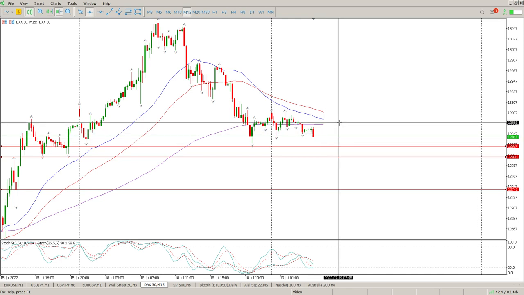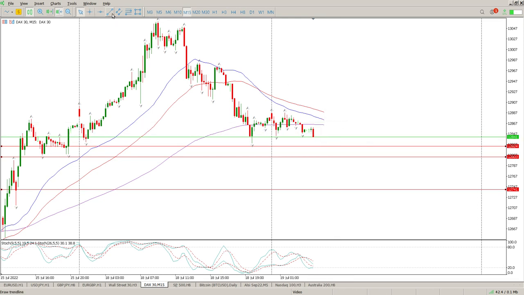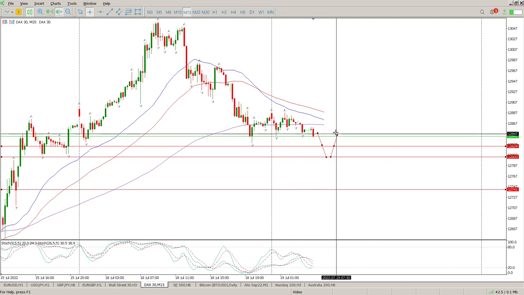So in other words, let me do this. So we'll move down like that. Then you're going to move up to find some kind of support, and then one of these tails will act as support, possibly even the open. And then what you're looking for is an opportunity wherever this move up comes to.